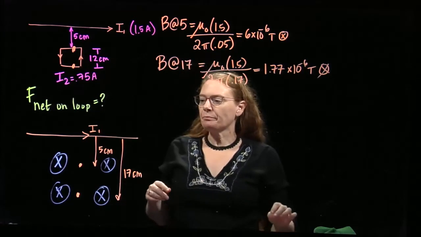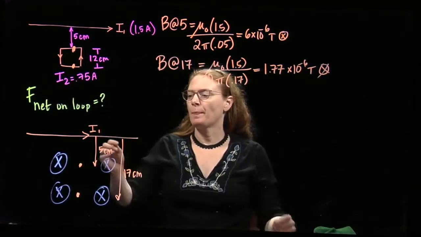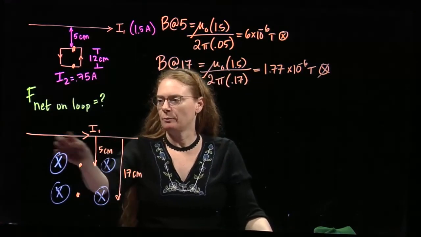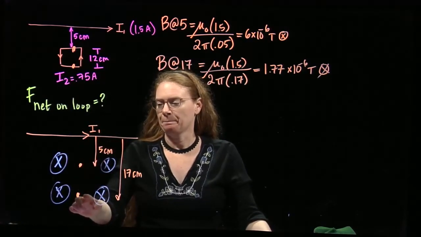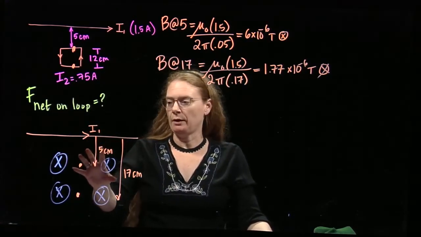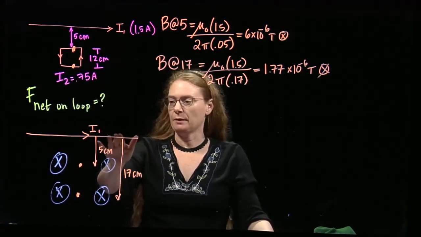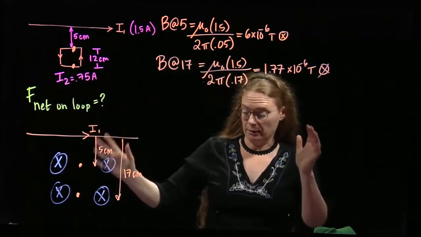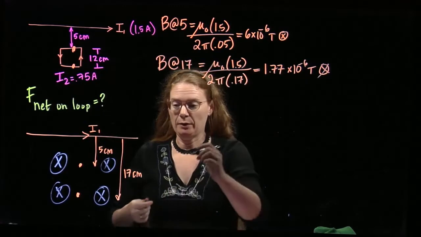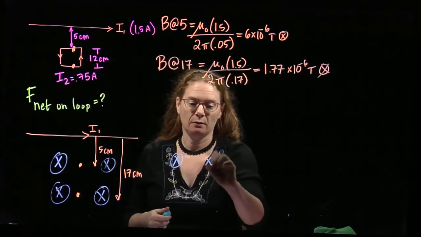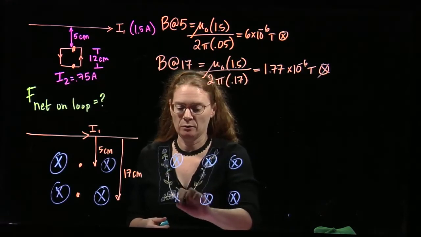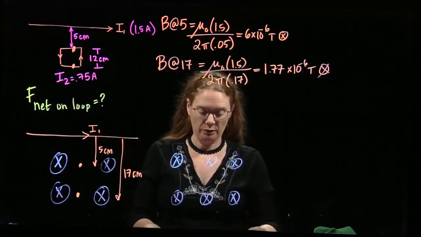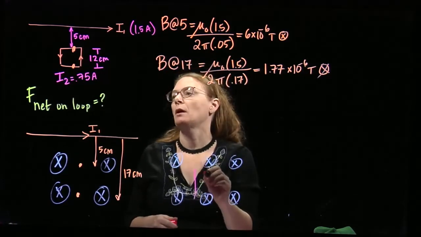All right, so now we know the magnetic field caused by this wire at this point and at this point. So now I'm going to redraw it. I'm going to get rid of the wire because I don't care about that anymore. It's done its job. All we care about now is that we have this magnetic field. It's into the page, and then we're going to put a loop into it.